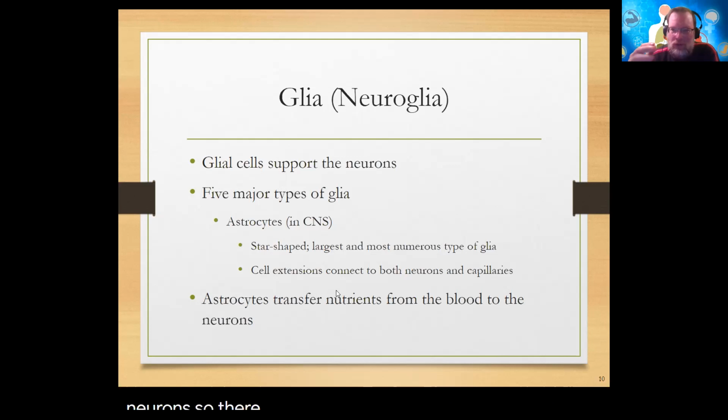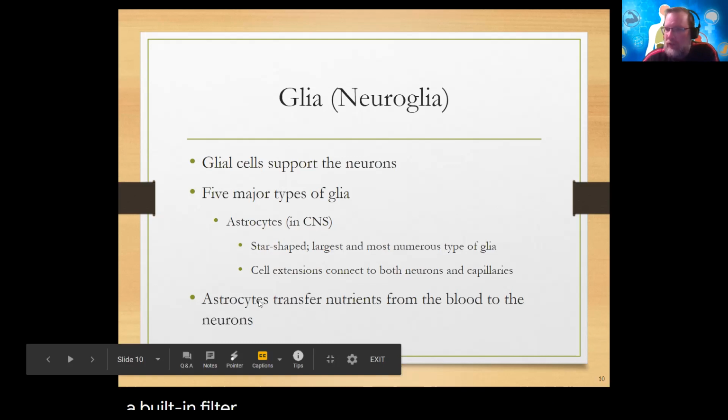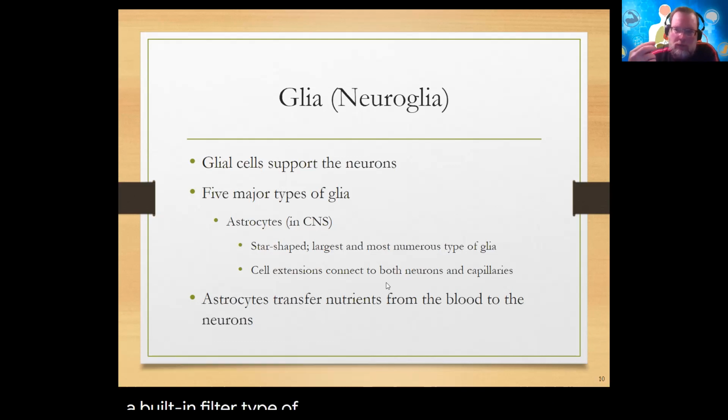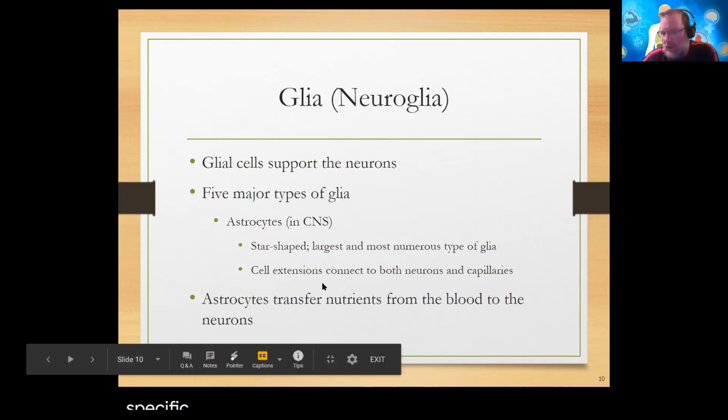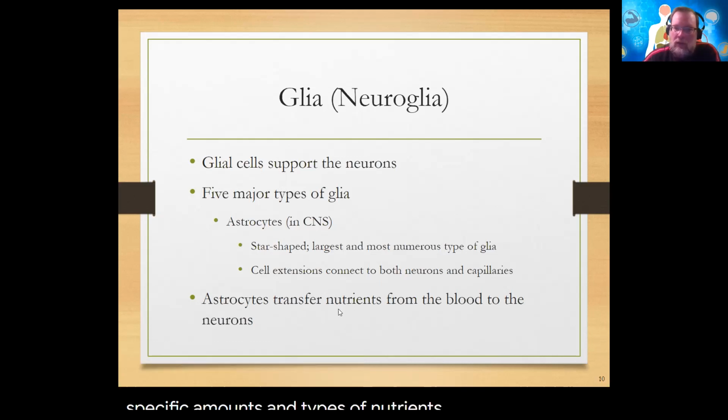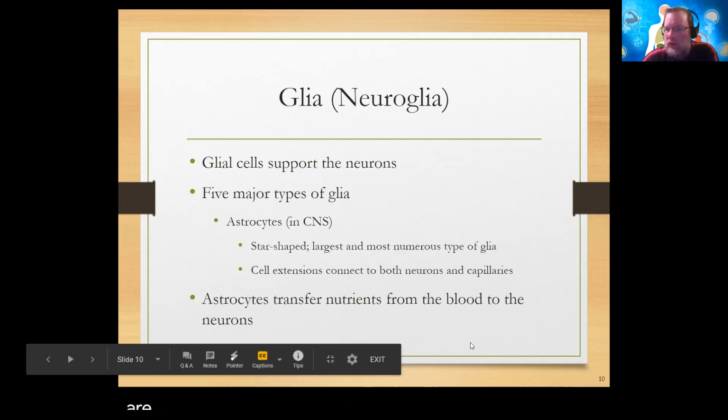So they're sort of like a built-in filter type of cell. Neurons are very picky; their set points have very small ranges. They require specific amounts and types of nutrients. And we have what's called a blood-brain barrier that inhibits a lot of things from entering the circulatory system within the brain. Astrocytes are one of those lines of defense that help out with that.